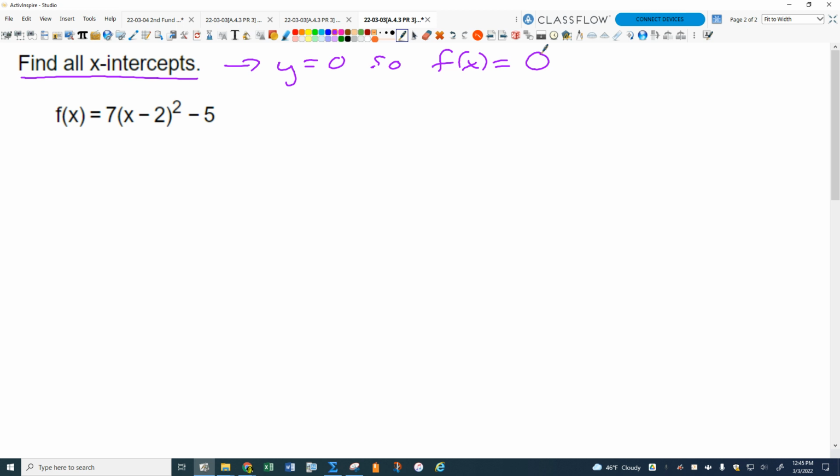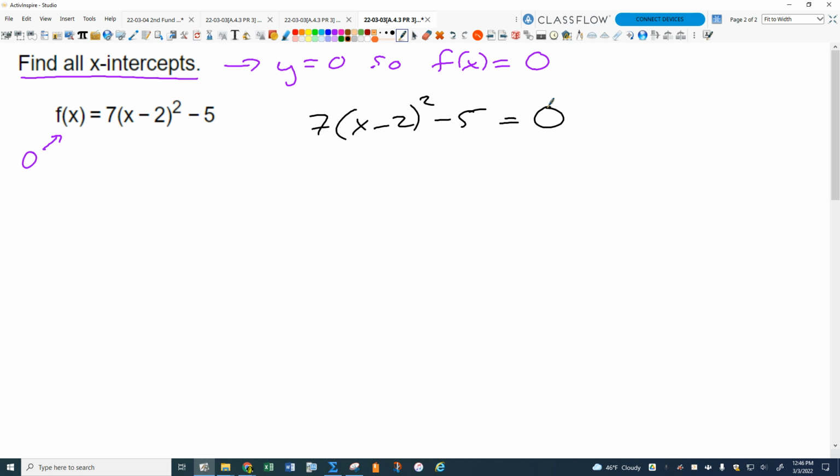That means I can just plug a value of 0 in for f of x, and now I've got something I can deal with. That gives me the equation 7 times the quantity x minus 2 squared minus 5 is equal to 0. But let's put the 0 on the right side so it looks normal. Now we're good. That's something we can deal with.